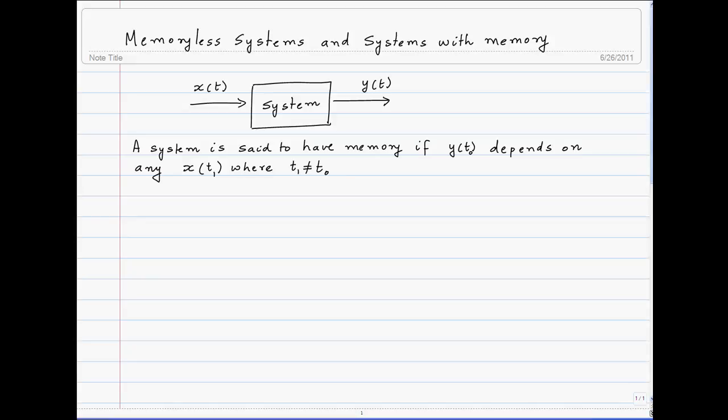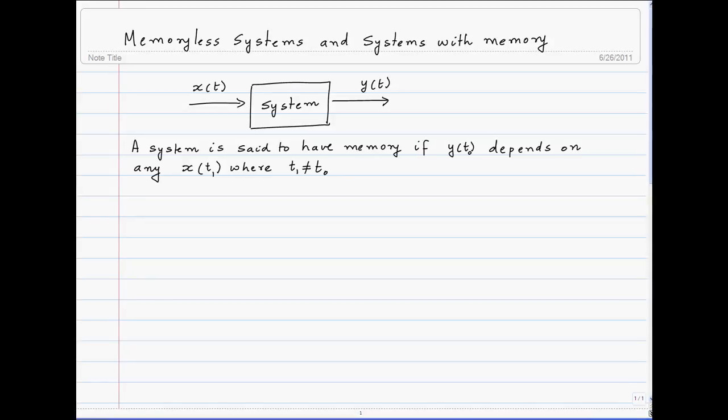Which means the value of the output at a particular time t naught depends on the values taken by the input signal at times other than t naught. If this is not the case, then we say that the system is memoryless.